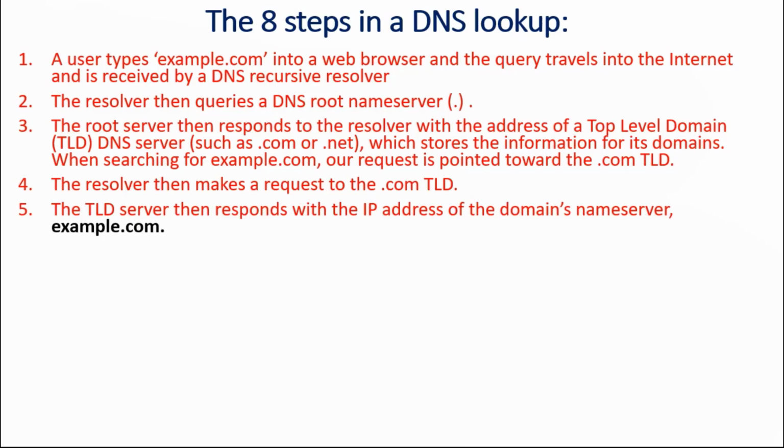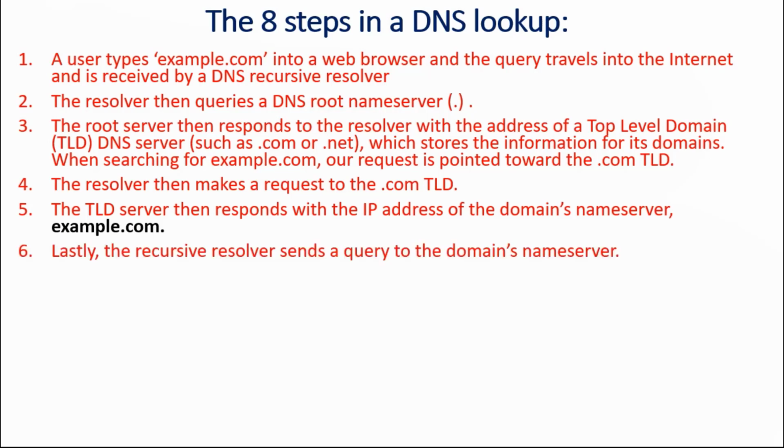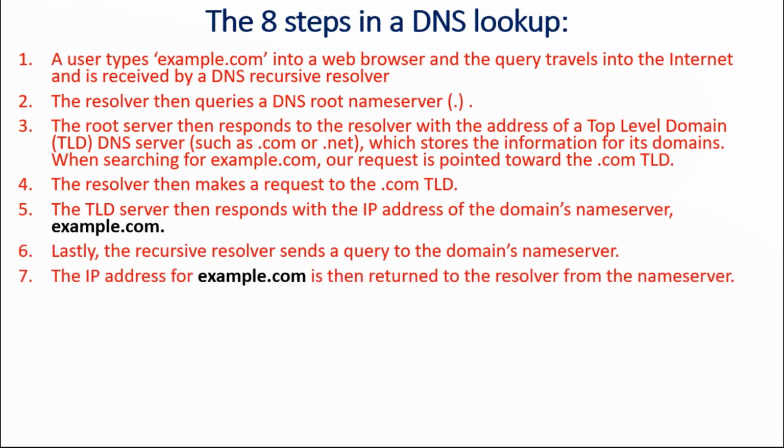The top level domain server then responds with the IP address of the domain's name server, that is example.com. Lastly, the recursive resolver sends a query to the domain's name server. The IP address for example.com is then returned to the resolver from the name server.